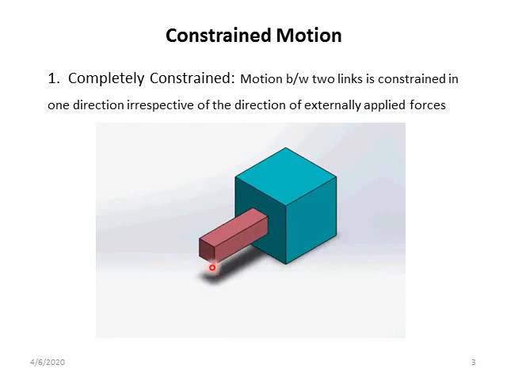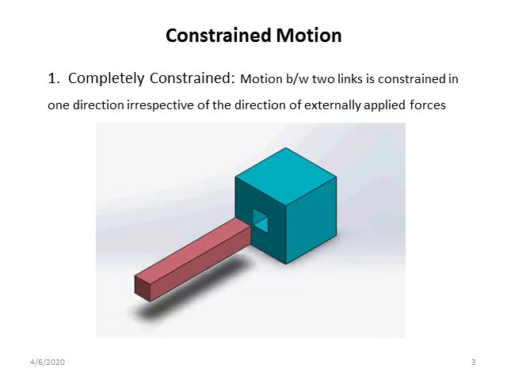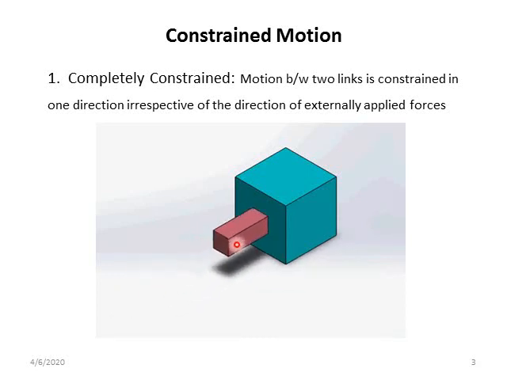This bar cannot move in another direction like the y direction, or rotate around its axis. The only movement it has is in this direction. Again, the only motion is in this direction, no other motion. That's why this type of motion is called completely constrained motion.